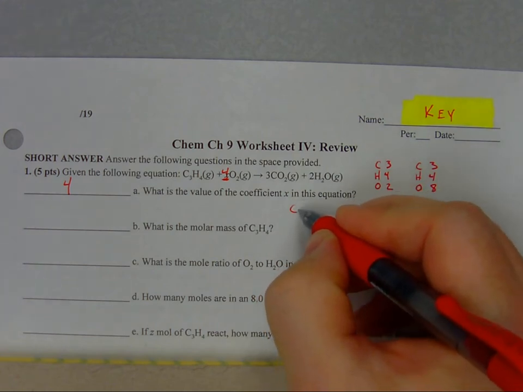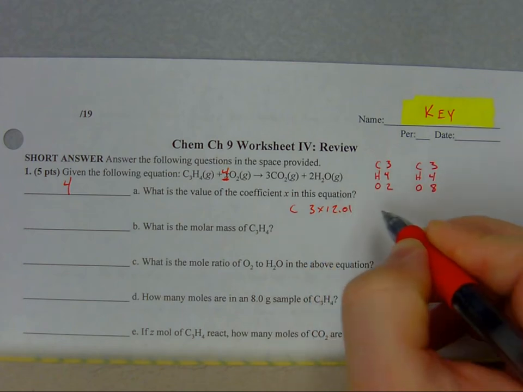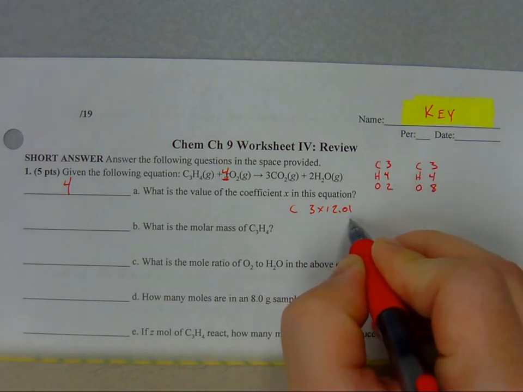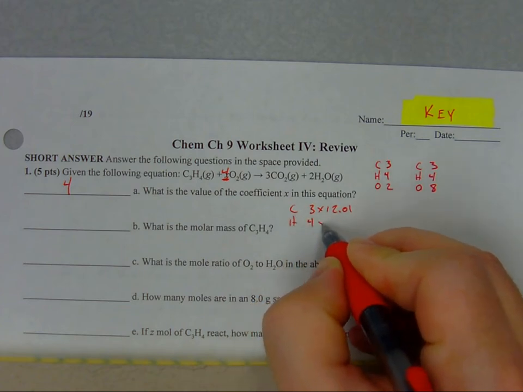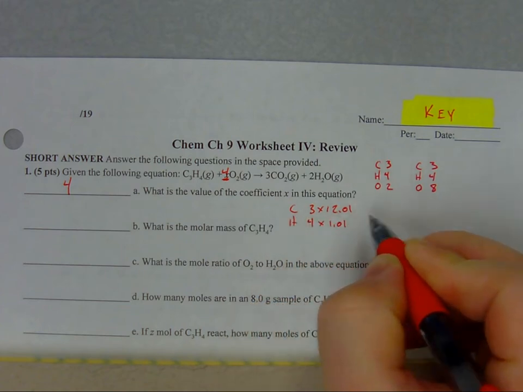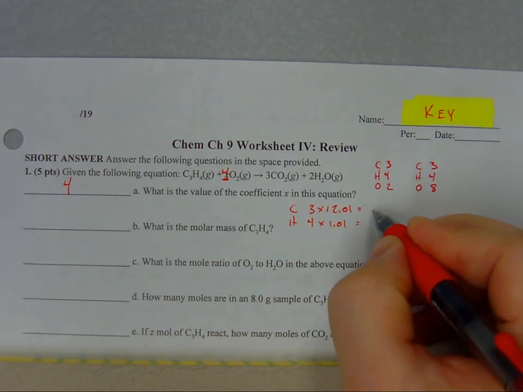Now for carbon, there are 3 of them, and looking at your periodic table, you see that there's a mass of 12.01. For hydrogen, there are 4 of them, each at a mass of 1.01. Multiply those out.